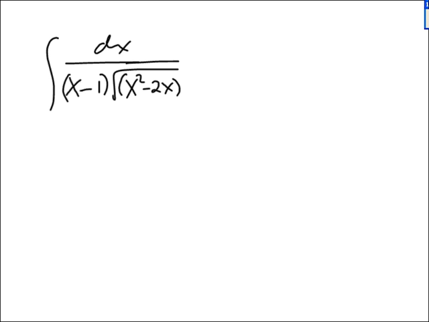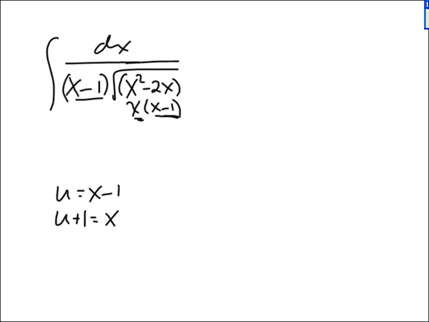What you could do, since I see x times x minus 1, is let u equal x minus 1. Then add 1 to both sides, you get x is u plus 1. This will be u under the square root, and that would be u plus 1, and dx would just be du.